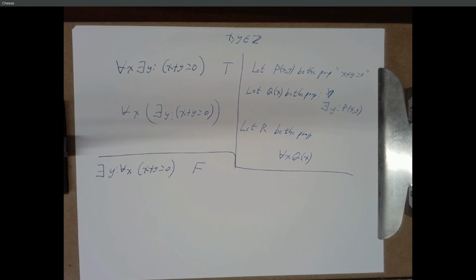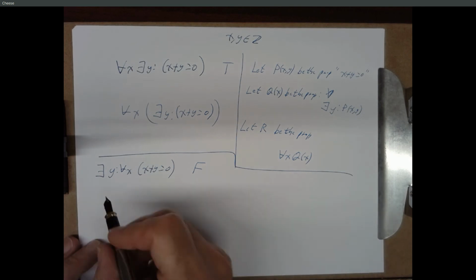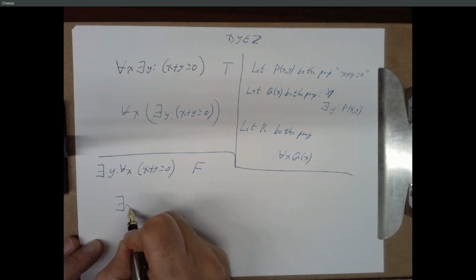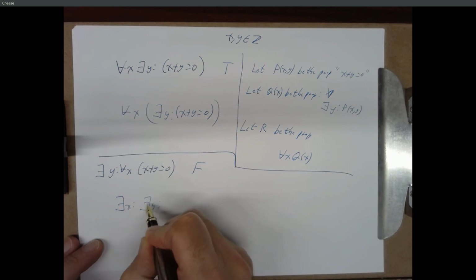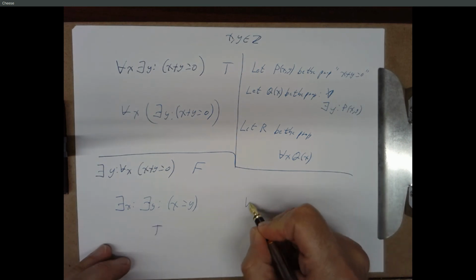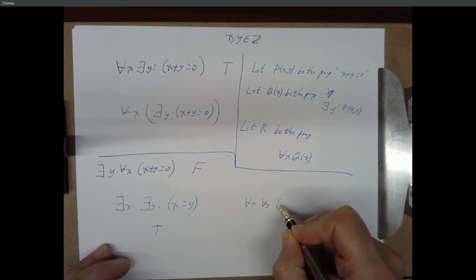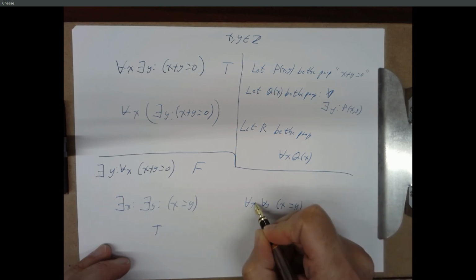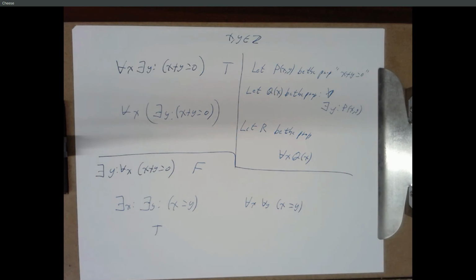All right, so getting the idea how these things work. And we can do other nestings as well. We can do something like there exists an x such that there exists a y such that x equals y. And that's clearly true. There's a lot of x's and y's for which this proposition is true. For all x, for all y, x is equal to y. Well, that's hugely false. Because for most x's and y's, x is not equal to y.